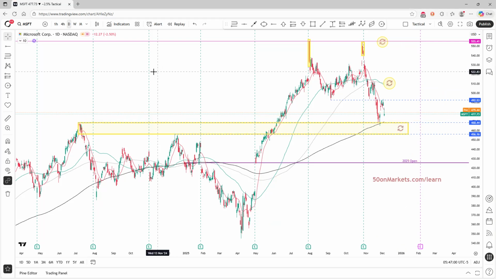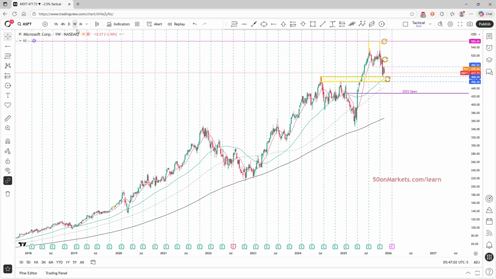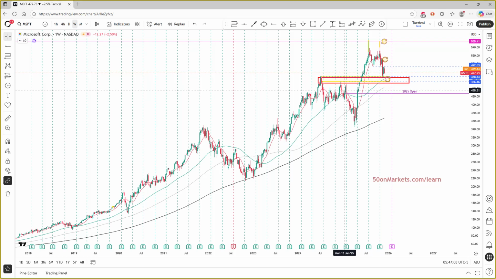Now, furthermore, if you flip this to something like a weekly, you can see the importance of the hold of this structure, because that would give you a potential of an unwind all the way back down into the 200 week, these two previous highs around the 350.